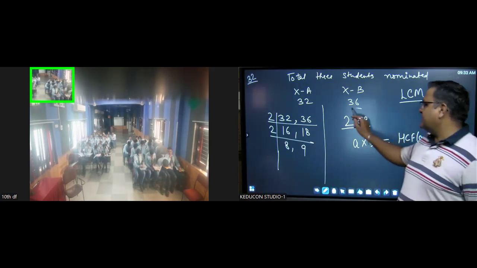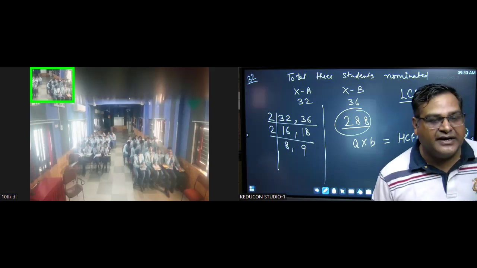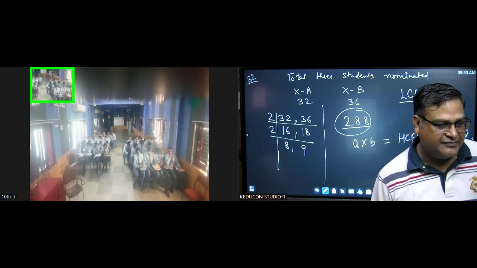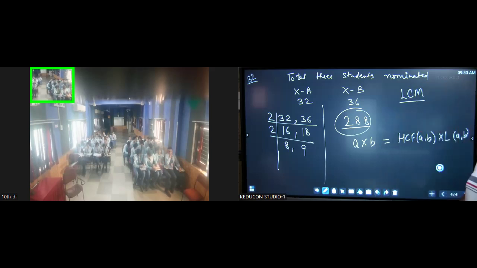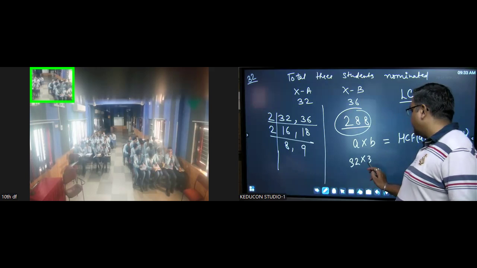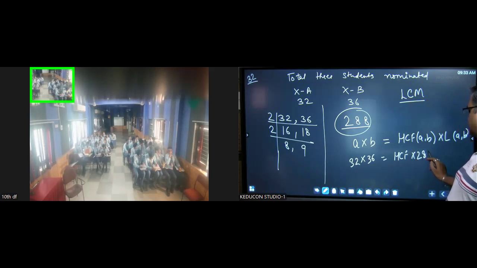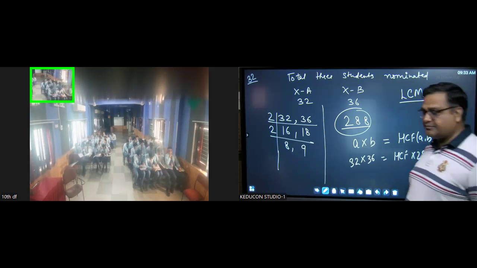Now LCM we have found out. We also know the numbers. Please find out their HCF, students. 32 into 36. HCF we have to find out. LCM is 288. Please do it.